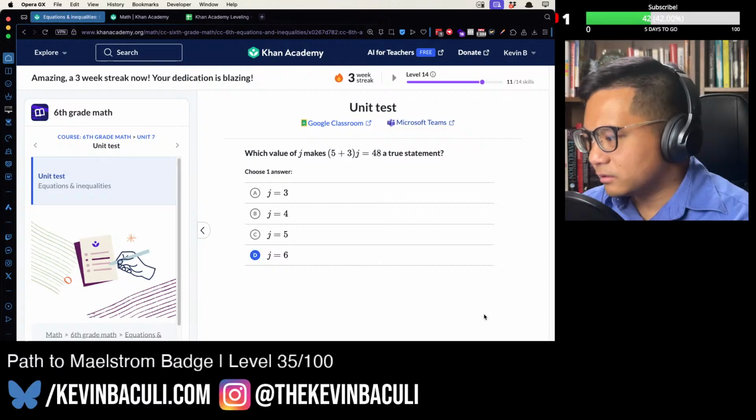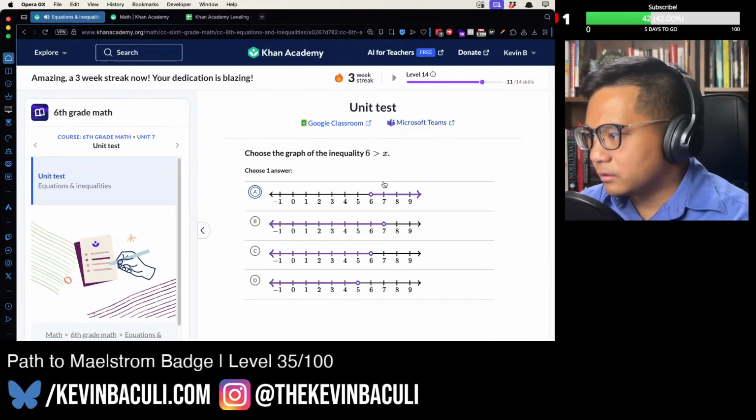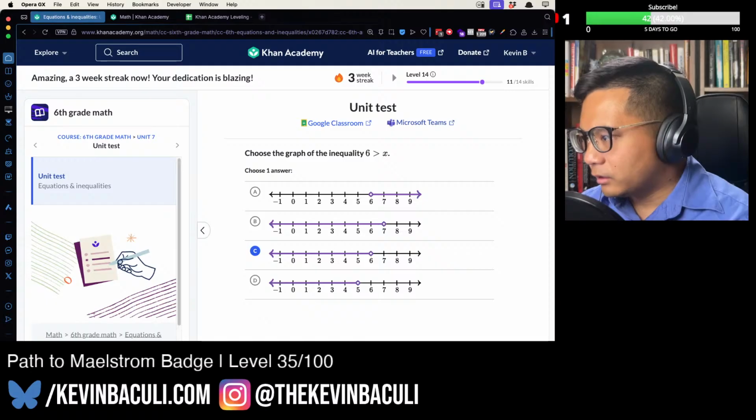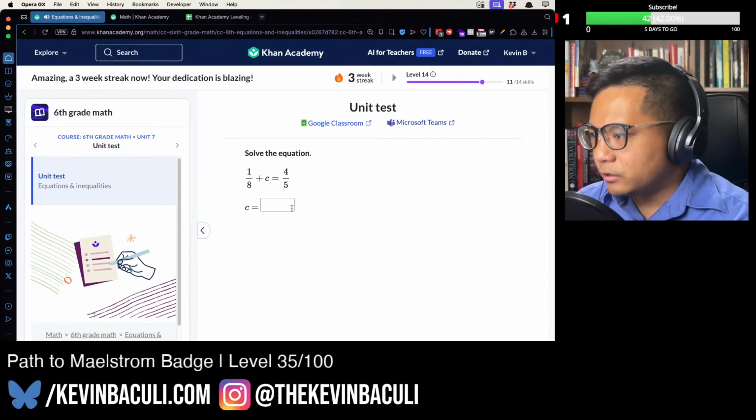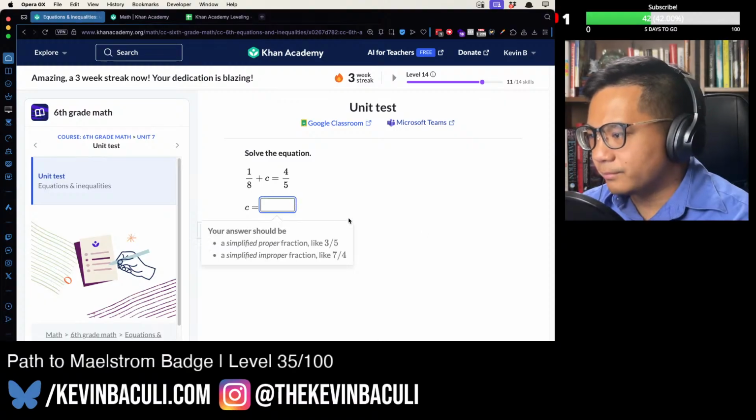Six. Six is greater than X. Subtract from each side.